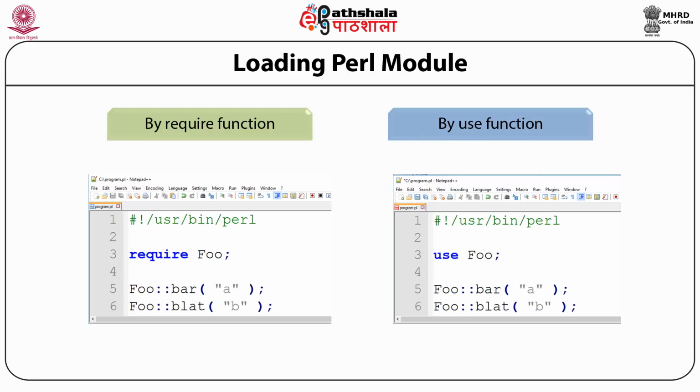For example, foo colon bar or foo colon black. Similarly, the use function also works in loading Perl modules. The syntax is use foo. Here also, to access the function of the module, we need to type the same Perl package, then the object or function name.